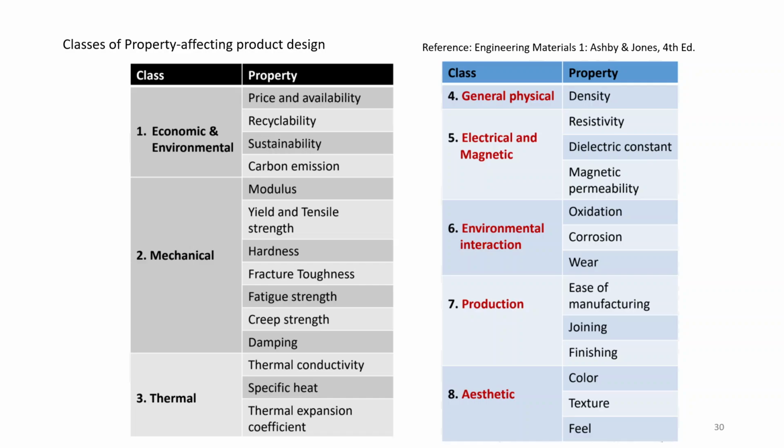In case of production based class we have ease of manufacturing, joining, and finishing. So how easily a material can be joined with the help of welding or other processes, or how easily it can be surface finished. Aesthetic, so its color and how its texture can be changed. These will be in the aesthetic class.